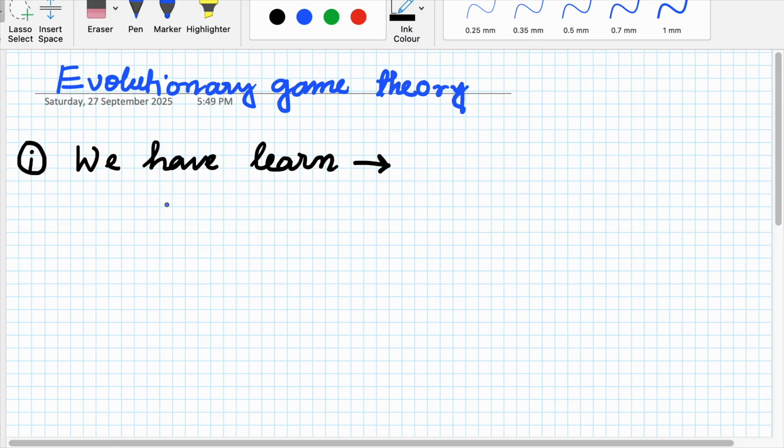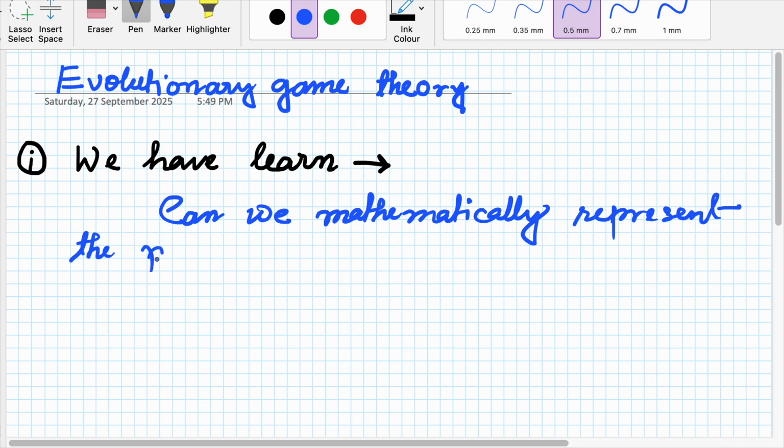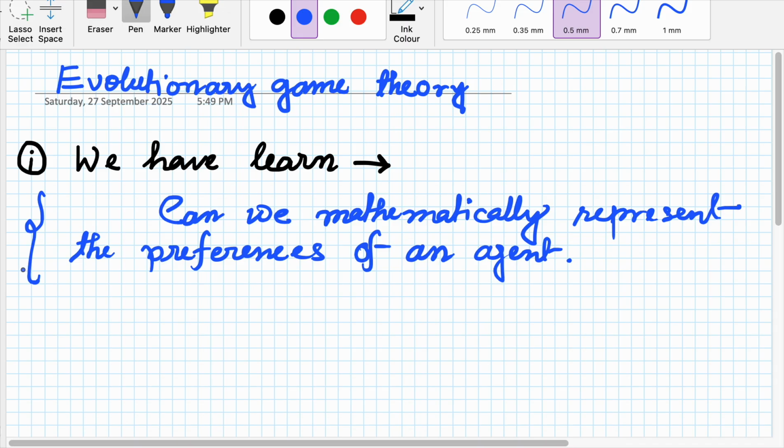So specifically, in the first two classes we have seen, or we are after the question, can we mathematically represent the preferences of an agent.